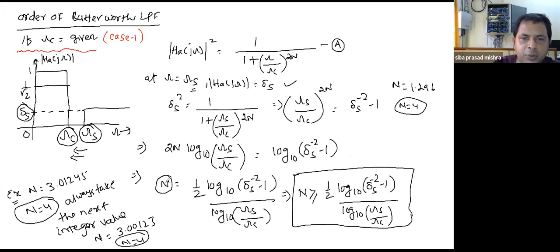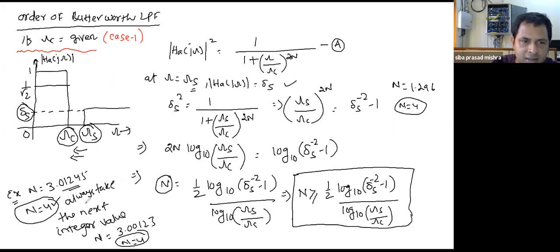That's why for calculation, because we are already getting some decimal value, instead of taking the smaller value, I am taking the next integer value. Because the higher order is preferable, and manufacturing is a different case. But here, what is the requirement to design the low pass filter?